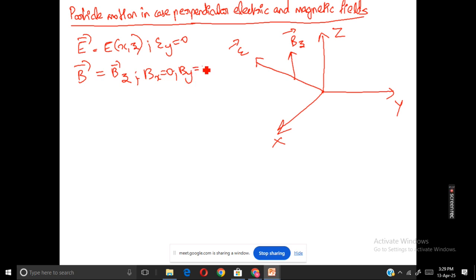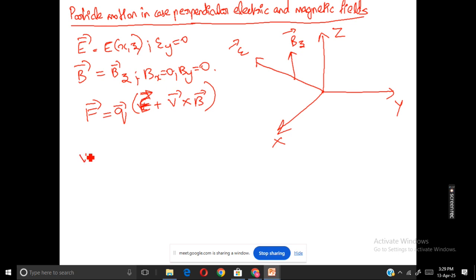In this case, the force acting on the particle will be Q into (E plus v cross B), since both electric and magnetic fields are there.